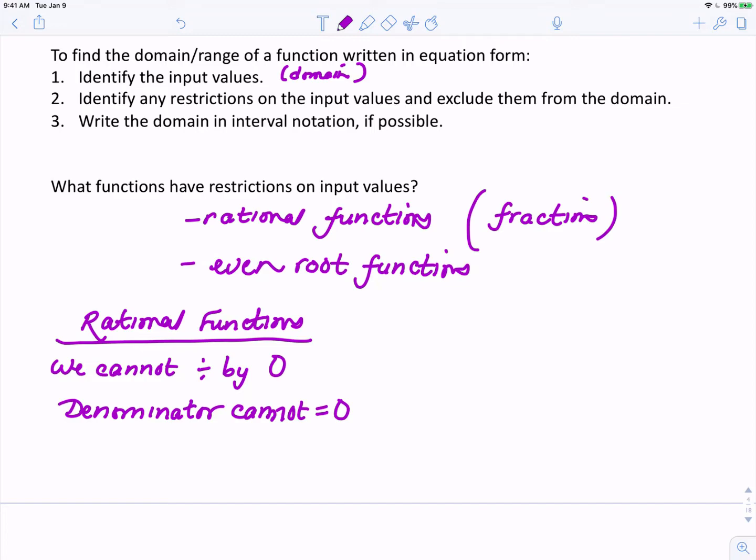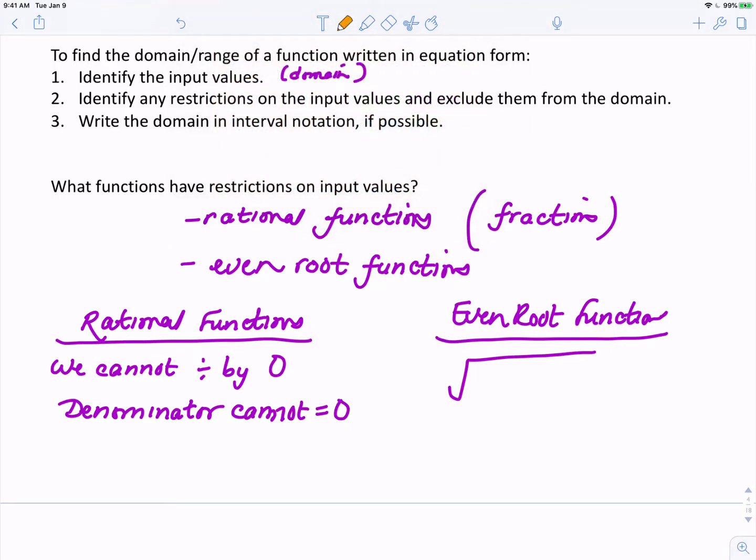And we'll take a look at an example of a rational function in a moment. For even root functions, the radicand, which is the expression under the radical sign, whatever this expression is here, cannot be negative.